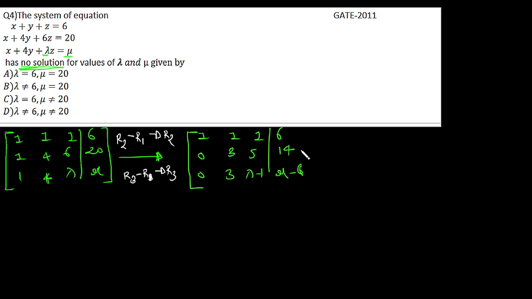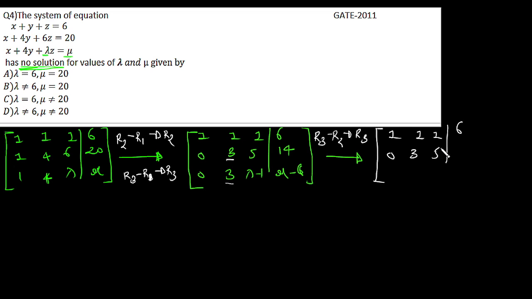Okay, so we have to apply one further row operation so that we can reduce it into echelon form. You can see here is 3, here 3, so we subtract R3 minus R2, and it becomes our new row. So let's write here 1, 1, 1, 6 as it is, the second row also as it is, 14.